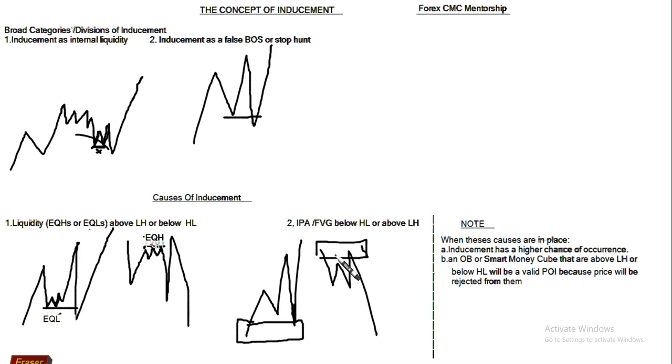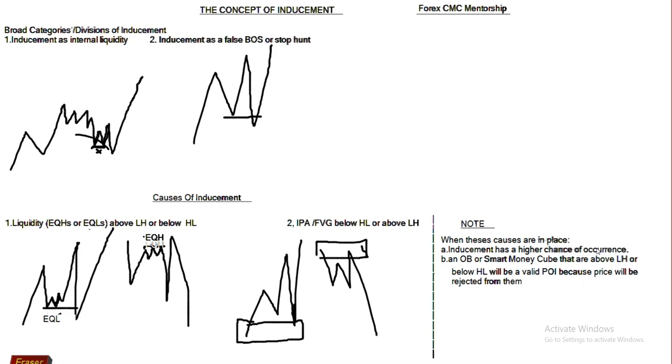Please note that when these causes are in place, that is when there is liquidity above the lower high, and when there is liquidity below this, or when there is IPA or FVG below the higher low or above the lower high, when this condition exists, then we should expect inducement, because at that time inducement has a higher chance of occurrence.